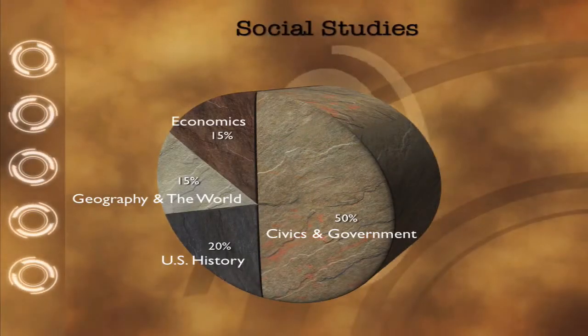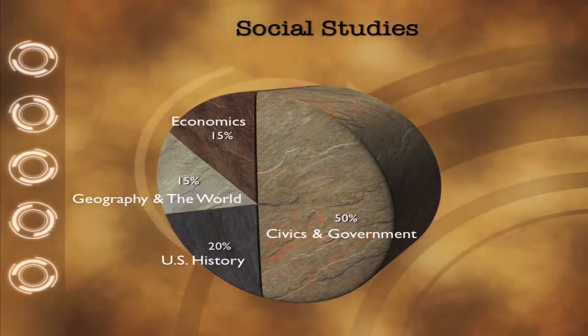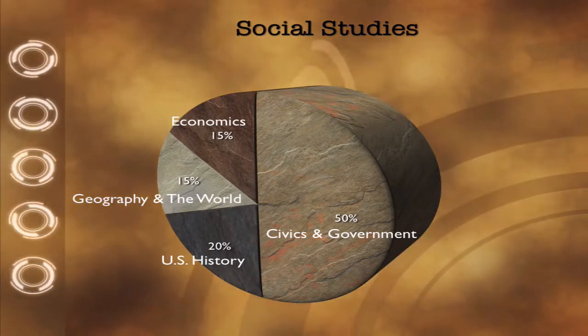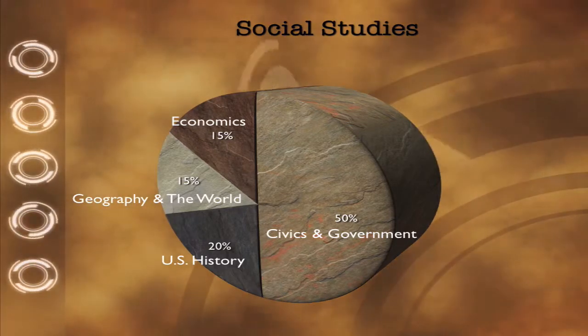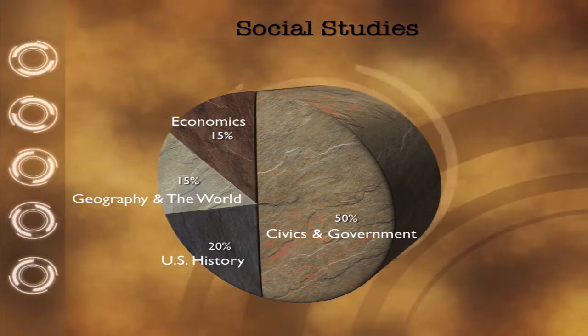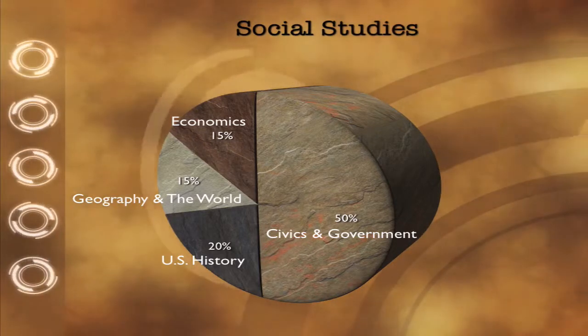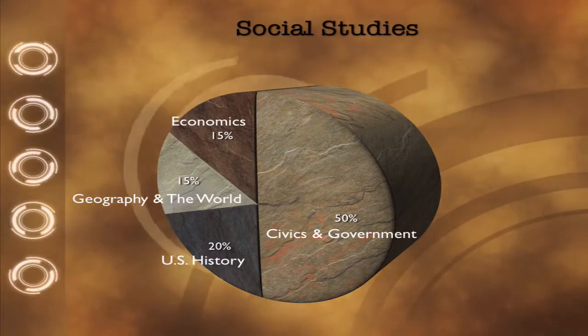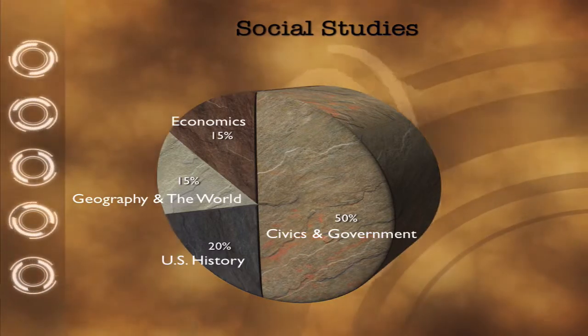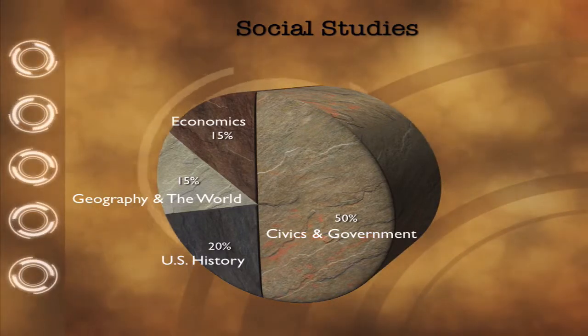Now, as you look at this circle graph, you'll notice that half of it, 50%, is on civics and government. So this is actually a cool thing. Civics is like what it means to be a citizen, and government is about how our government works. So if you wanted to bone up on this section of the test, you could actually study for the citizenship test for this country.